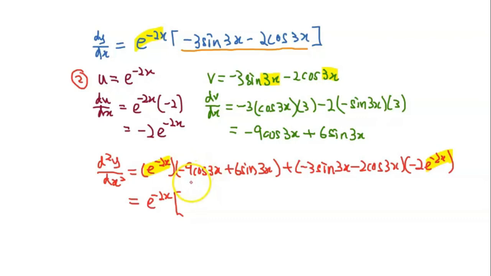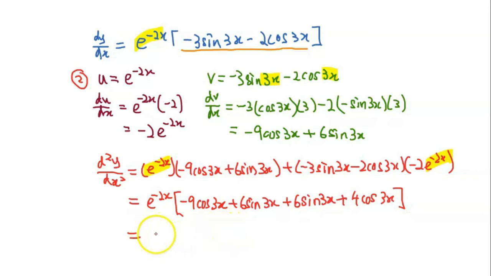So now we're going to calculate the remaining factor from the front part, which equals negative 9 cos 3x plus 6 sin 3x. From the back part, negative 3 times negative 2 equals positive 6 sin 3x, and negative 2 times negative 2 equals positive 4 cos 3x.